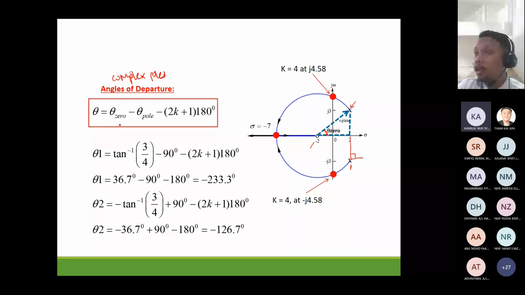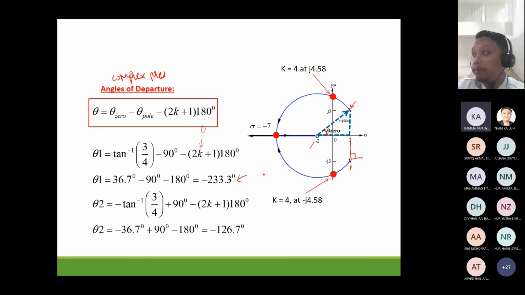So we have the angle of the zero, which is tangent inverse of 3 over 4, and the angle of the pole is 90 degrees. Okay, so minus and minus (2k plus 1) 180. Usually we take k equals 0, or just minus 180. And then we end up with this value, negative 233.3.